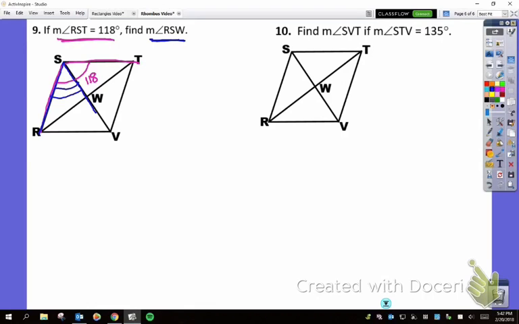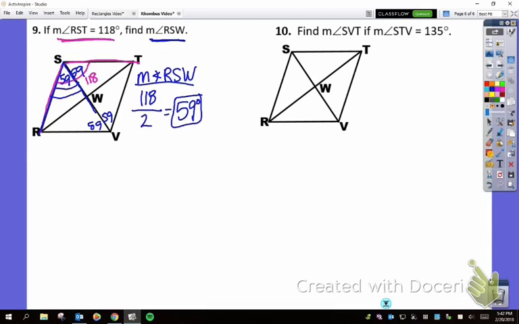Now if you remember that our diagonals bisect the angle, to find the measure of angle RSW, we just have to take the whole angle, 118, and divide it by 2, which gives us 59 degrees. So this angle would be 59, this would be 59, this would be 59, and this would also be 59.